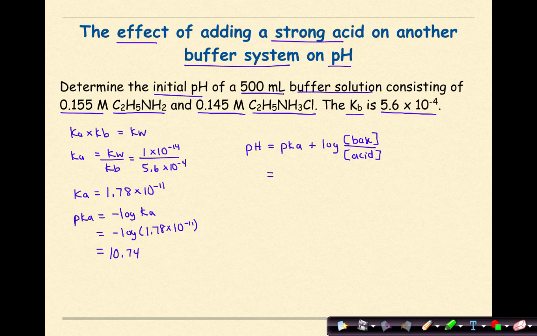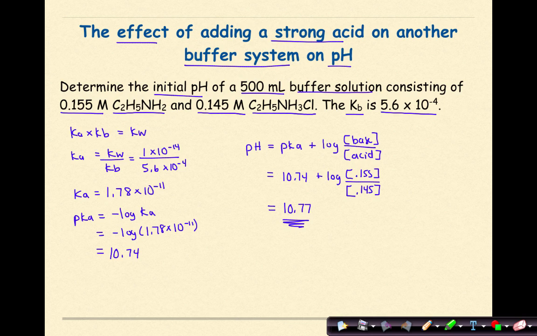So my pKa is 10.74 plus log the concentration of my weak base, according to the information given to me, is 0.155, and the concentration of my weak acid is 0.145. So when I work this out, this is going to be my pH of 10.77, and again, this will be prior to the addition of my hydrochloric acid.